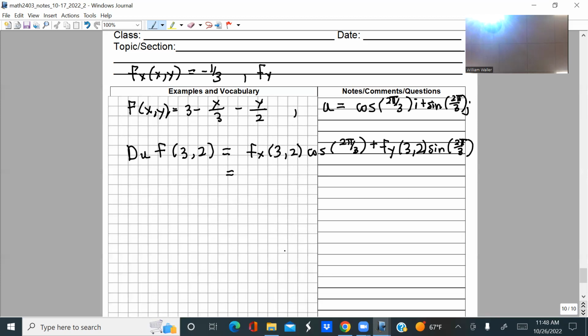And the partial with respect to y is minus 1/2, for really the same reasons. So notice our partial derivatives are constants.